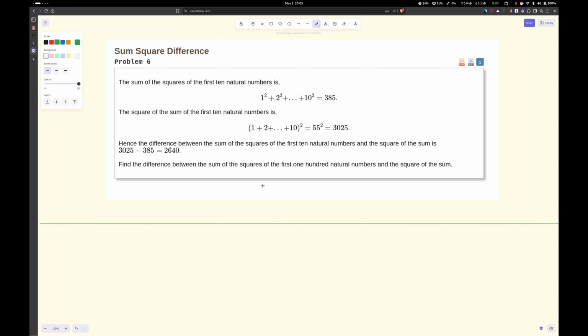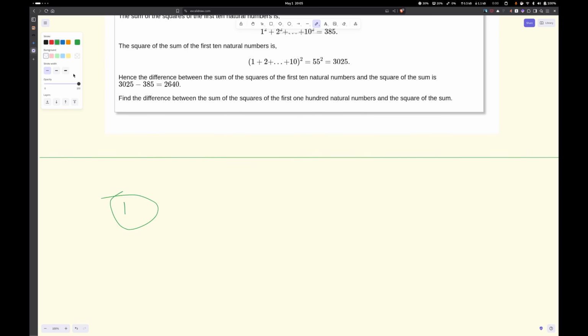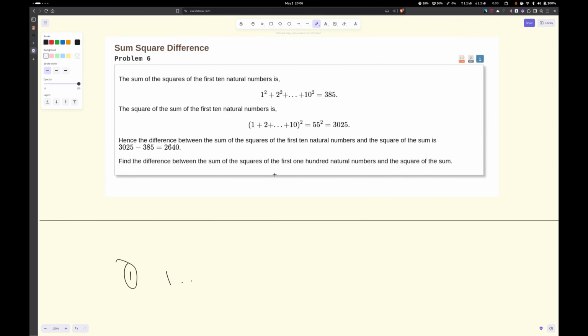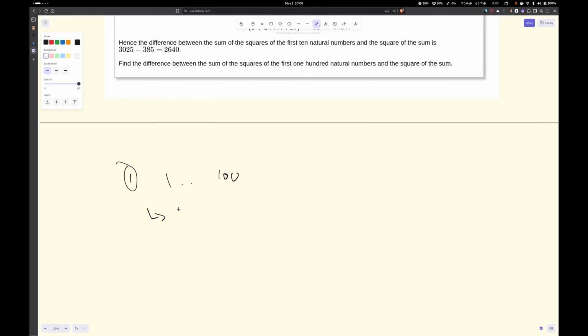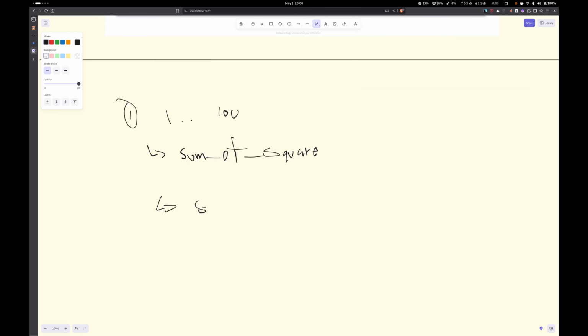So I think what we'll do is have a for loop, with an iterator that goes from 1 to 100. Have a variable that holds the sum of squares, and then a second variable that holds the sum of numbers, sum num.